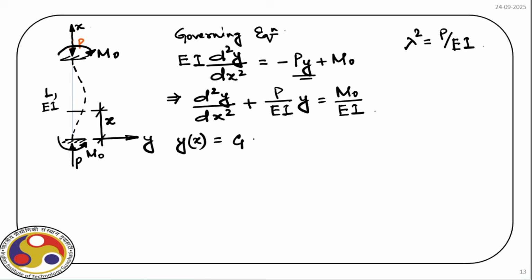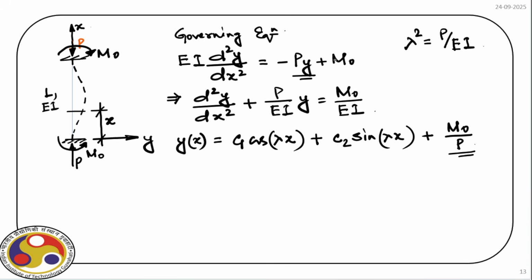So we have solution as C1 cos of lambda x plus C2 sine of lambda x plus the particular integral, which is m0 divided by P. So you can actually put this particular integral here and cross verify the solution.